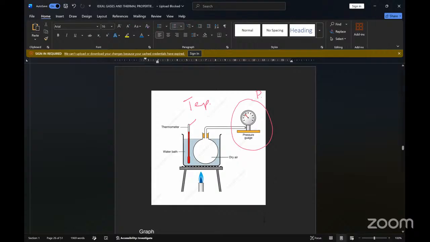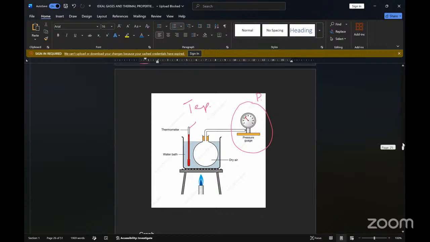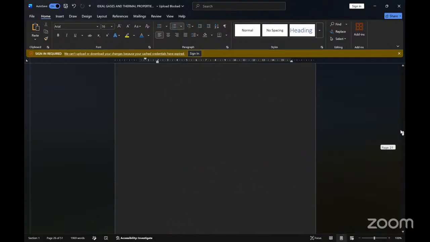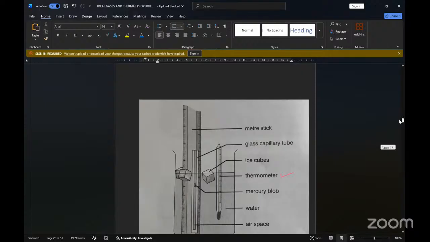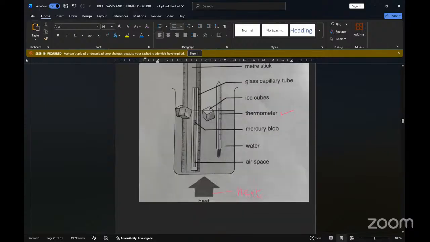Now, I want to take you back to Charles' law so that you have a close look at it, and then we'll come back to Gay-Lussac's law. When you go to Charles' law, you will see that, again, this one has a thermometer. This is your thermometer. So even in Charles' law, there's a thermometer.